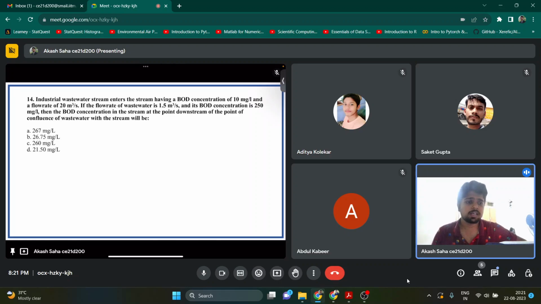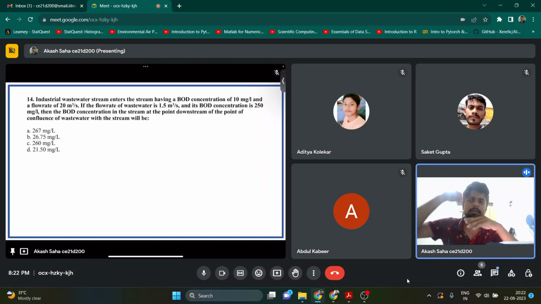Here they are saying that there is one wastewater stream and one normal river stream. They meet at a point; for one the flow rate and concentration is given, and for the other also flow rate and concentration is given. Then it is coming out after the point of confluence.